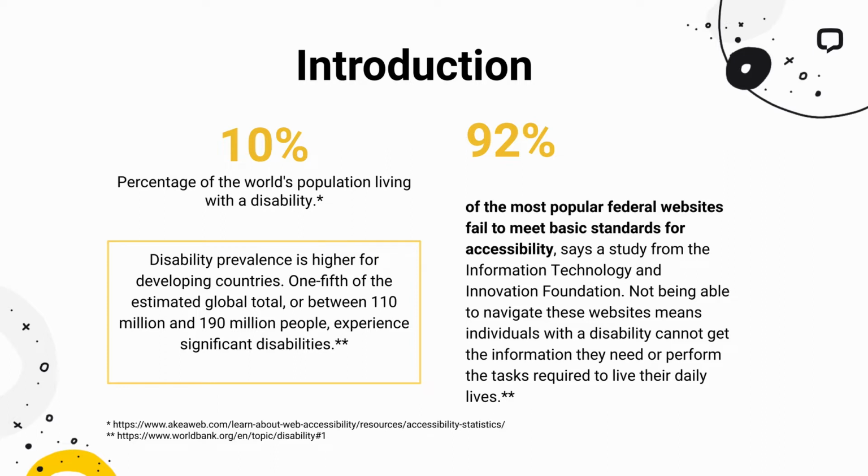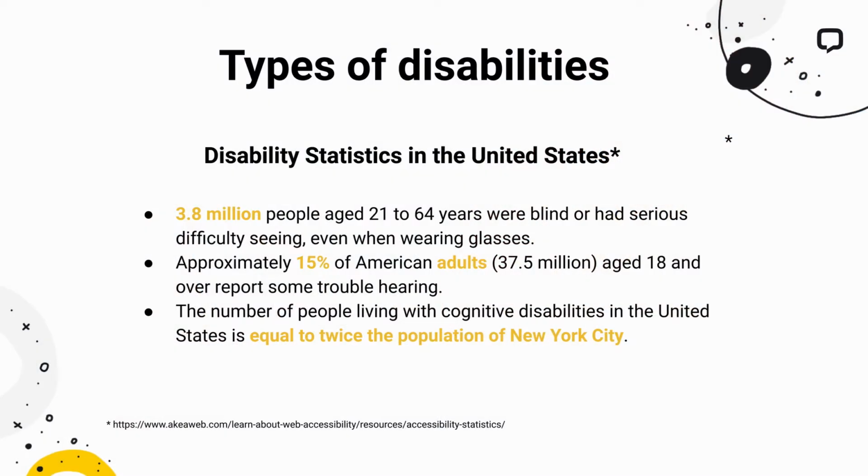When I talk about disabilities, there are certain numbers I want to state so you understand what we're talking about. Just in the US, 3.8 million people are blind or have a serious difficulty seeing, even with glasses. They basically cannot see much. 3.8 million, that's huge. And 15% of American adults have some trouble hearing. That's 37.5 million people.